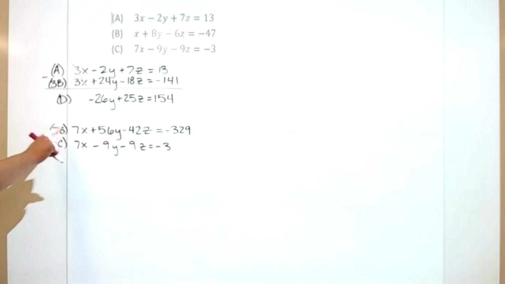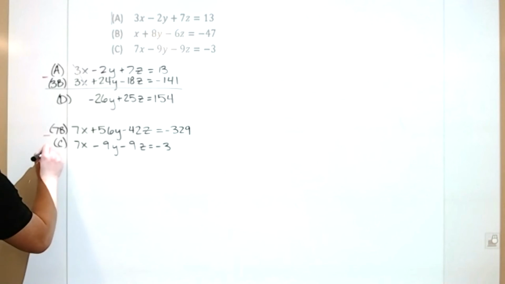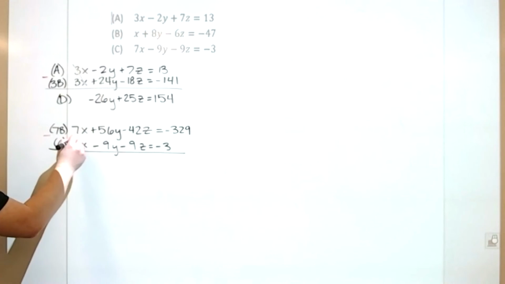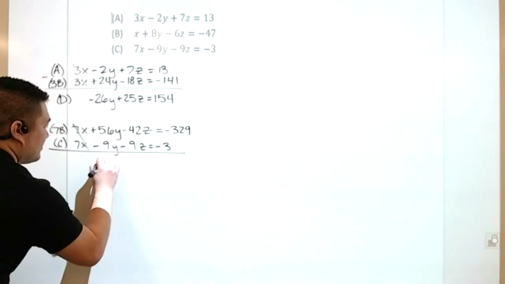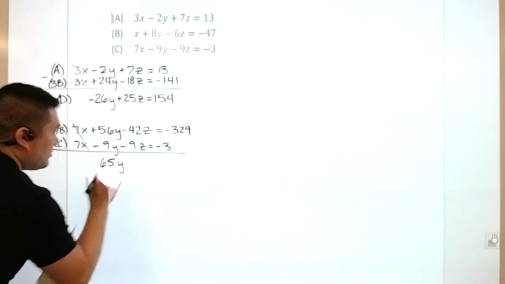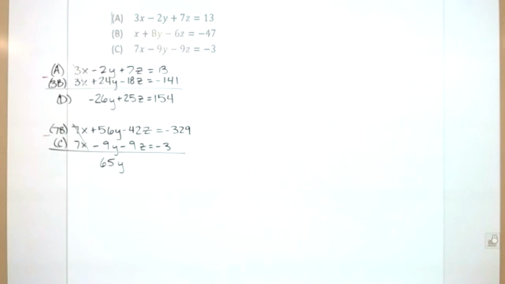All right, so I've got 7x, same sign, subtract these two. X is going to eliminate, good. 56 minus negative 9, that's going to be 65y. Negative 42 minus negative 9 is going to make negative 33z.